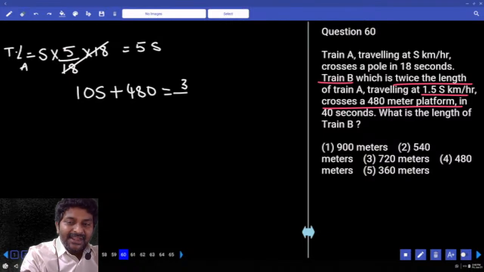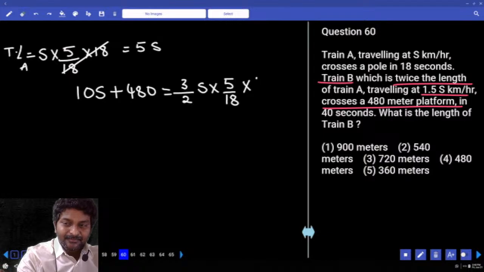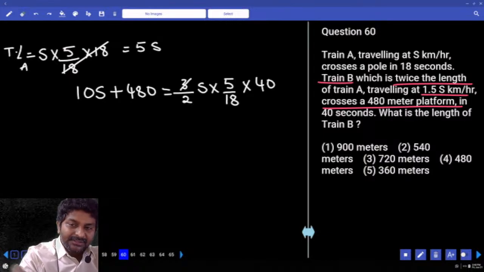1.5, can we write it as 3/2 s? Kilometer per hour converted to meter per second, 5/18 into time taken was 40. 3, 6 times. 2 into 6 is 12.